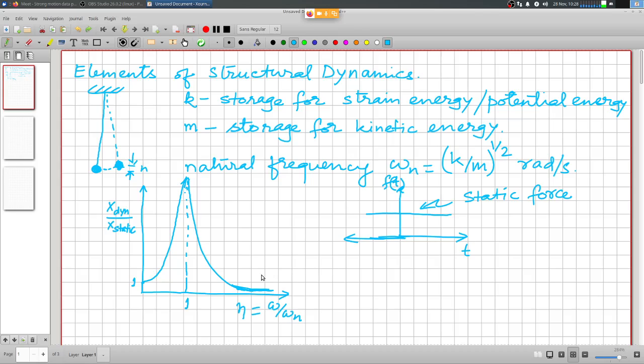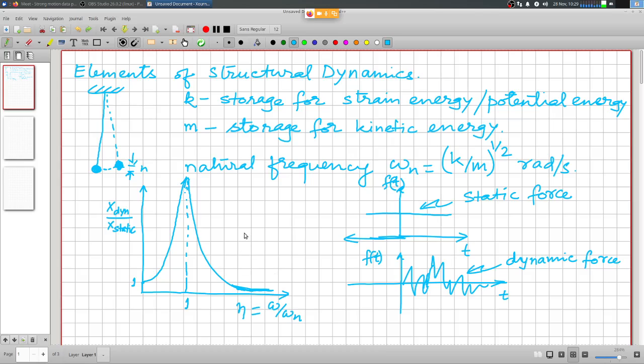And that is why we need to compare this with the dynamic force.